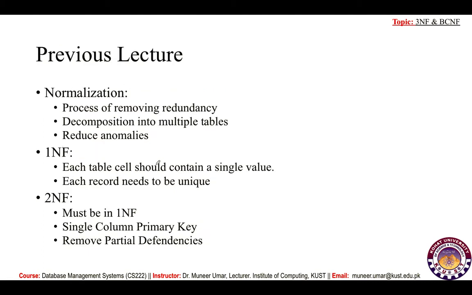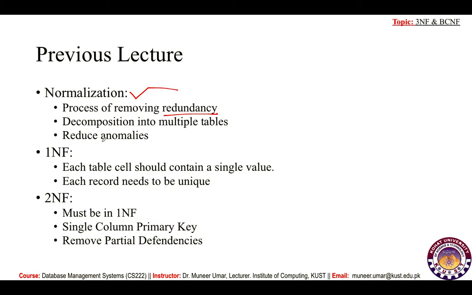In the previous lecture, we studied about normalization. When we design and develop a database, that database might have some sort of redundancy of data in it. So normalization is a process of removing that redundancy.